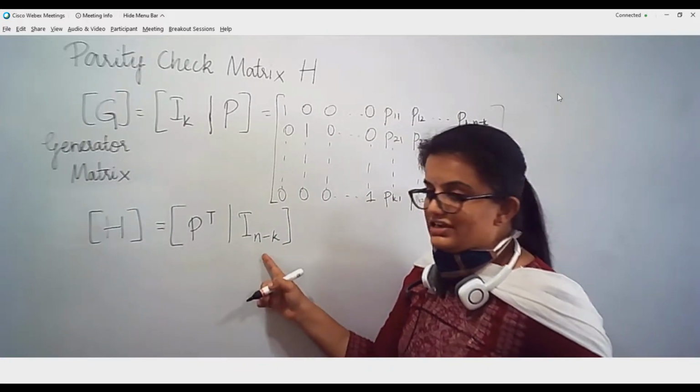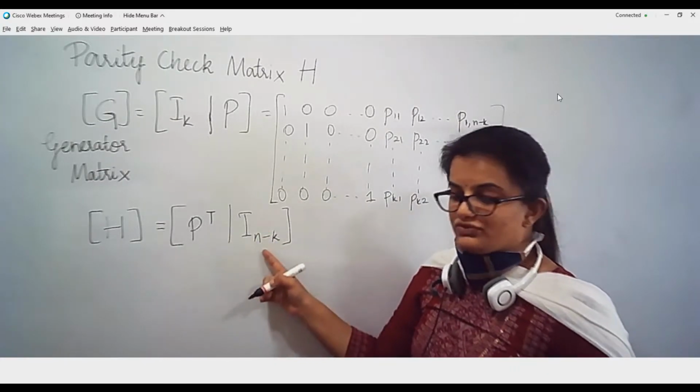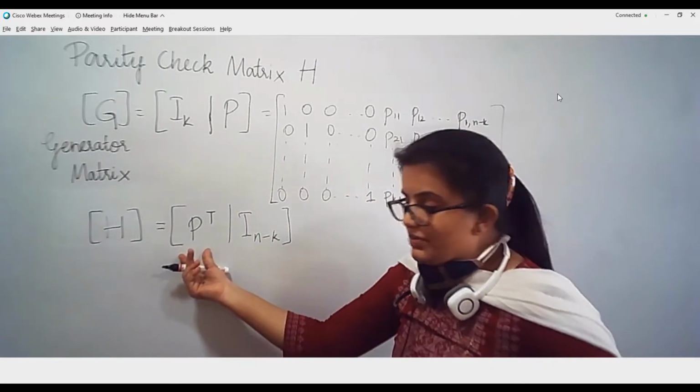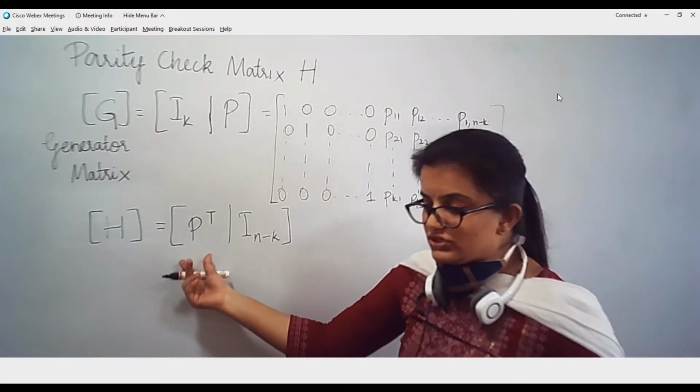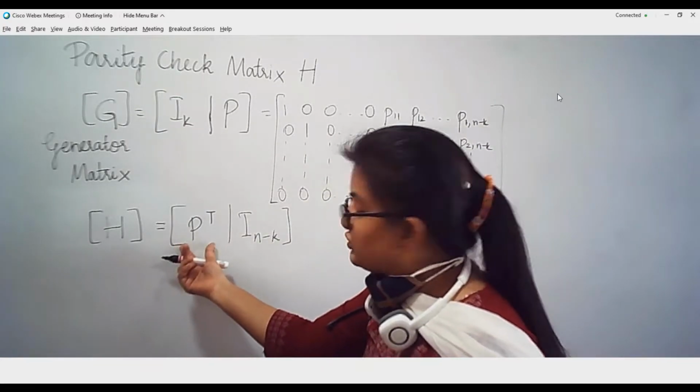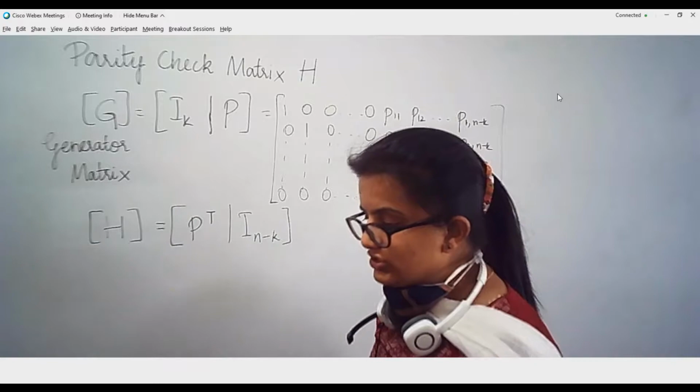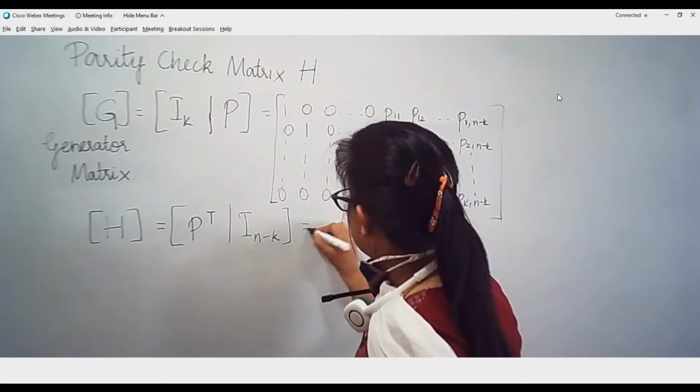That means this will be the identity matrix of the size n minus k, where the first part would be the transposed version of the parity matrix.